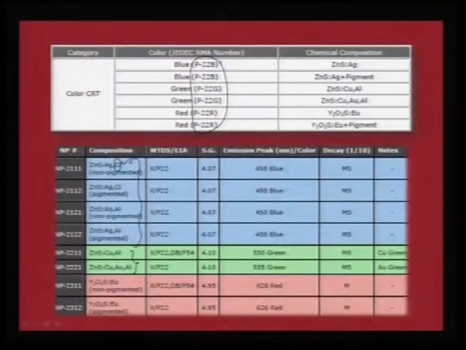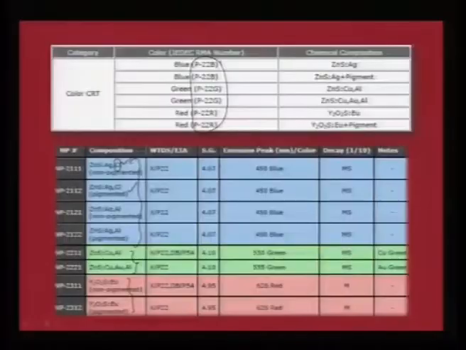Green ones are those with copper and aluminum, and again we have yttrium, and in all these classes you also see that there is a tag attached to it, pigmented and non-pigmented, because pigmented brings a different effect in terms of the contrast of these phosphors. One thing is the bright glow, that is luminescence.